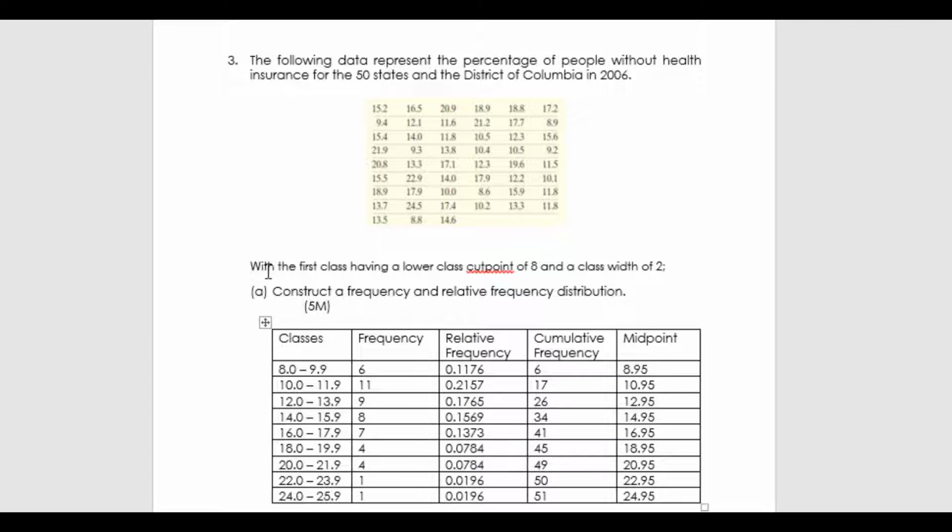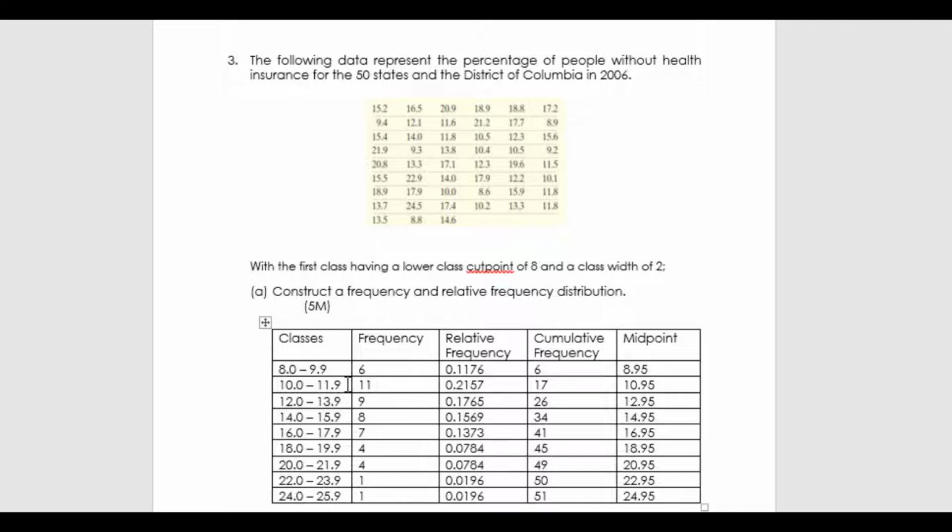So as stated from the problem statement, the first class should have a lower class cut point of 8. So here in the first class we have the class start with 8 and class width of 2. In order for the class to have a class width of 2, we have to ensure that the upper limit of the second class minus the upper limit of the previous class equals to 2.